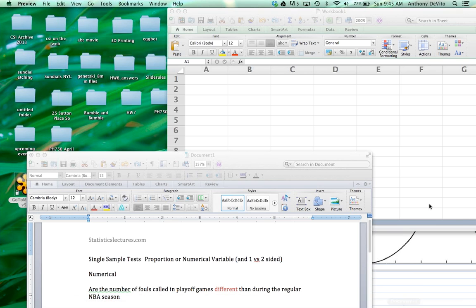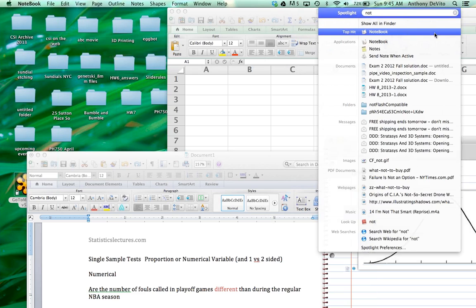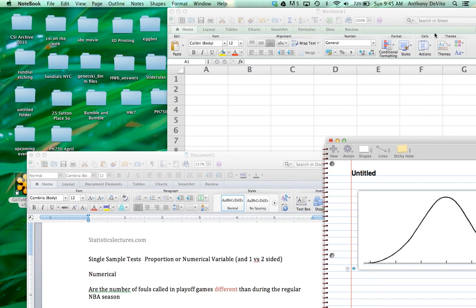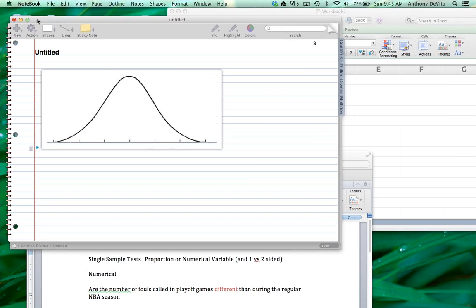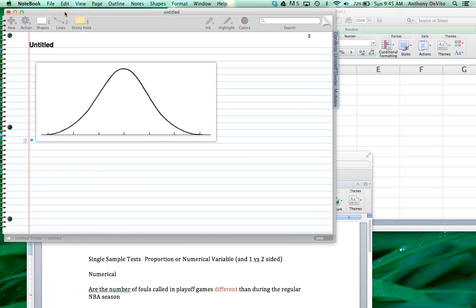Okay, hang on a second. Oh, I pushed it out of the way. You guys can't see that on my desk here, but there's a control panel on the side that takes up that whole right side, so I can't see that portion of the page.